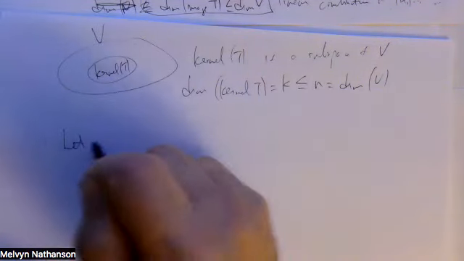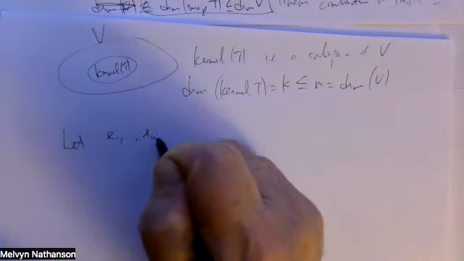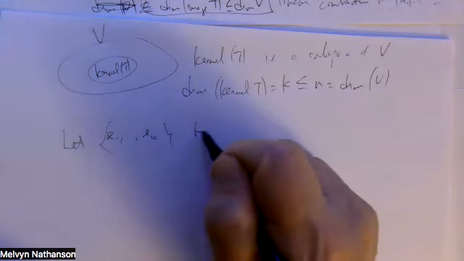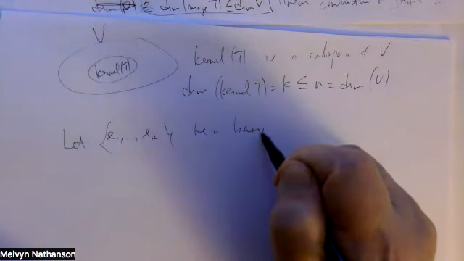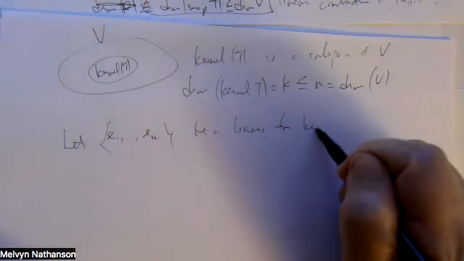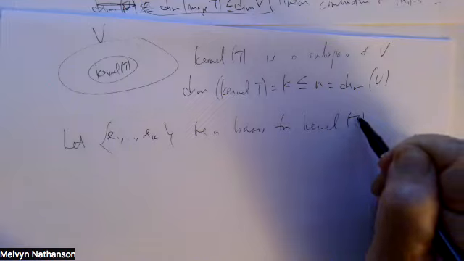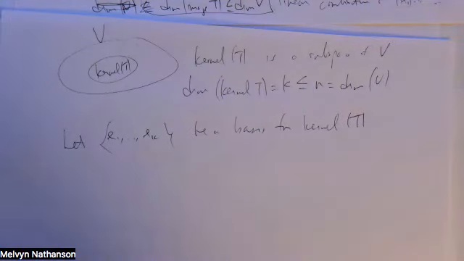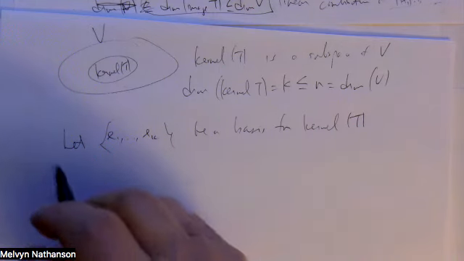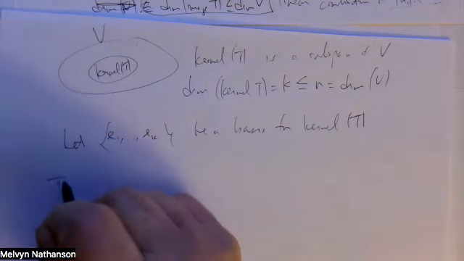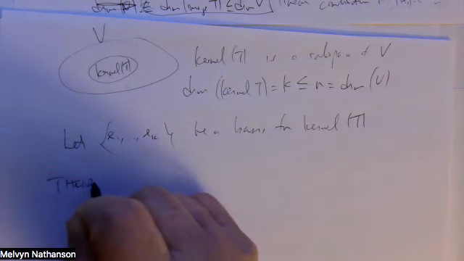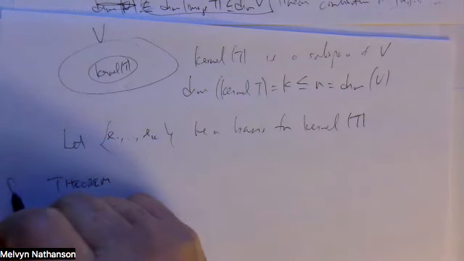So let e1 up to ek be a basis for the kernel of T. So we proved a lemma, that is, we said the following. This is a theorem we already proved, so I'll say previous theorem.